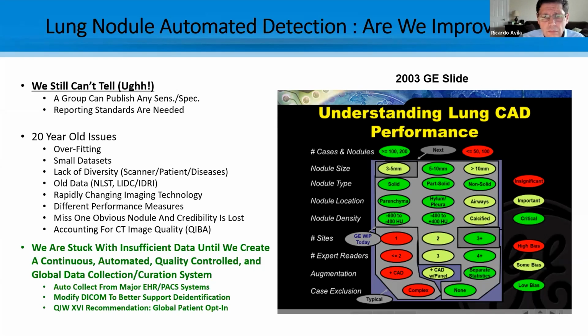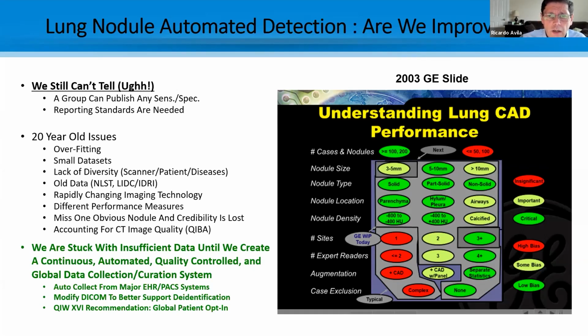I still think there's a big opportunity to create a global nervous system where the data, at least a small percentage of it, continuously streams into a global resource, or again, a national resource. And to make our lives easier, we can modify DICOM to better support de-identification, removing the need for manual evaluations and reviews of images for de-identification purposes, and make this far more efficient.